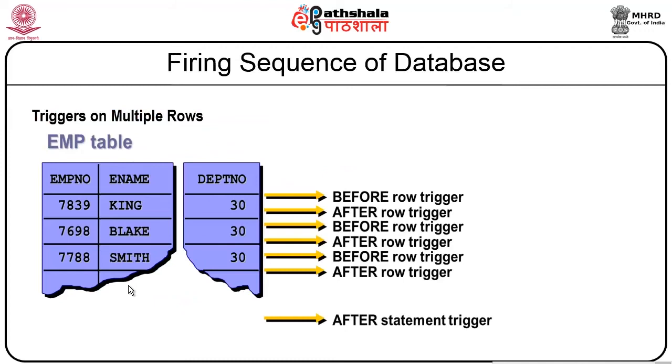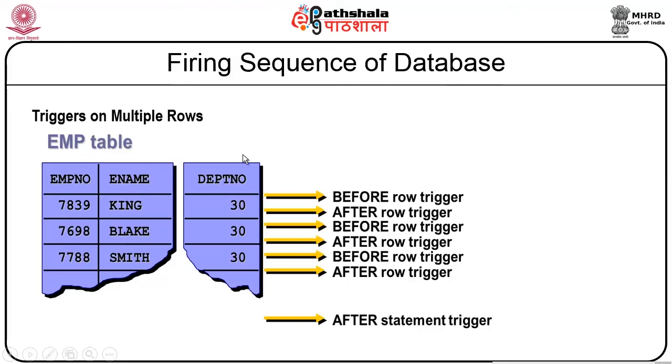This is one of the simple illustrations that we can provide as part of sequencing of databases. So, when should this event condition action rule be triggered or fired as part of the database? This is for triggers on multiple rows. Say, for example, I have defined a table with attributes like employee number, employee name and department number.